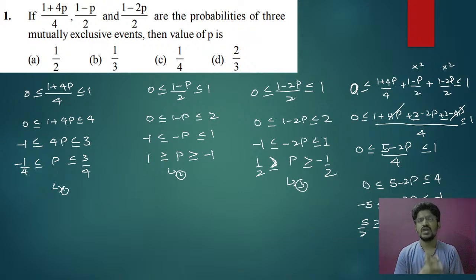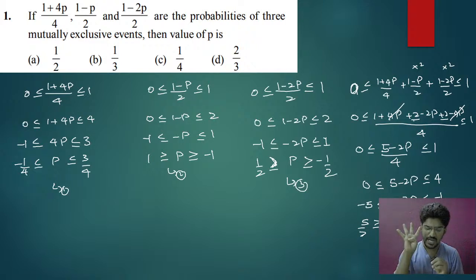We are finding the value of p. Probability should be in between 0 to 1, which we studied in our previous class, the synopsis class. So for all 3 events I have taken 0 to 1, and the sum of all 3 events also has to be in between 0 to 1.